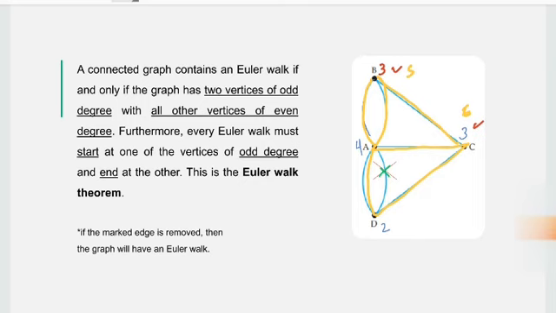Kasi if you will use it again, the starting point, for example here, B to A to D, and then to C, to A, and then back to B. So I already lumabas na ako dun sa B, and then ito yung kapartner niyan.